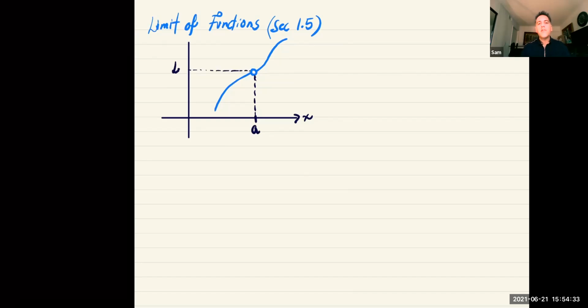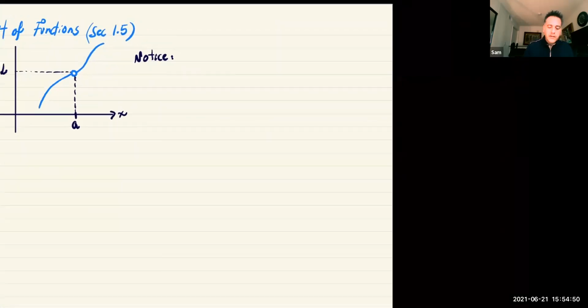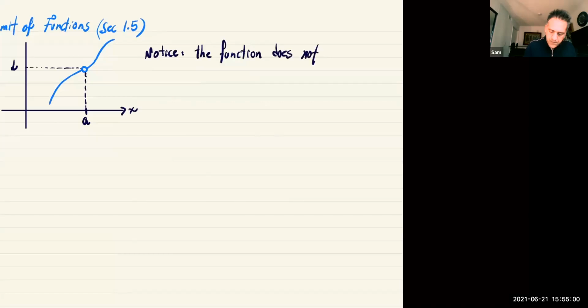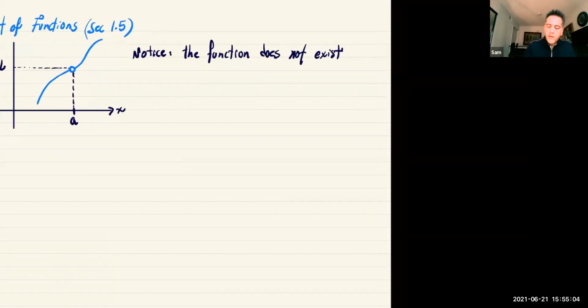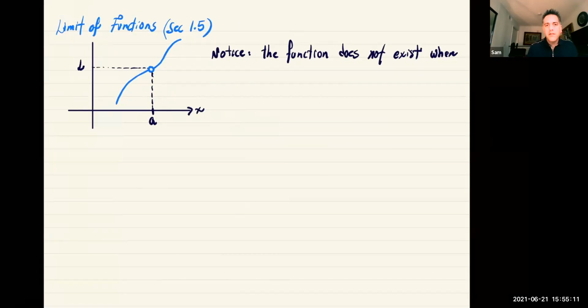Now, this function, since it has a hole, is undefined at x equal to A. So notice that the function does not exist when x is equal to A. Basically, x equal to A is not in the domain of the function.